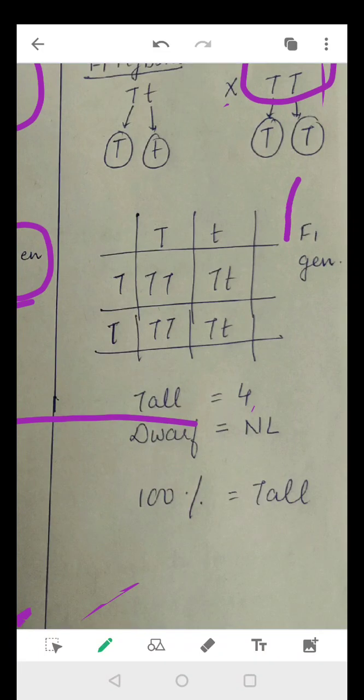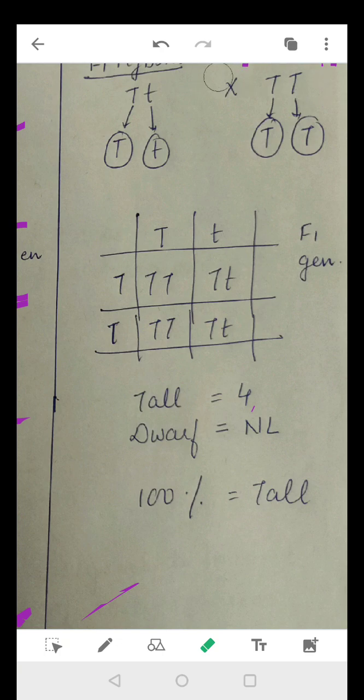this is your second possibility. So you have a hybrid, capital T, small t, and you have the dominant parent plant, that is capital T. So you have two gametes here, capital T, small t.